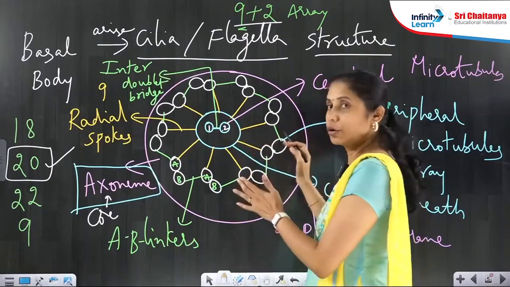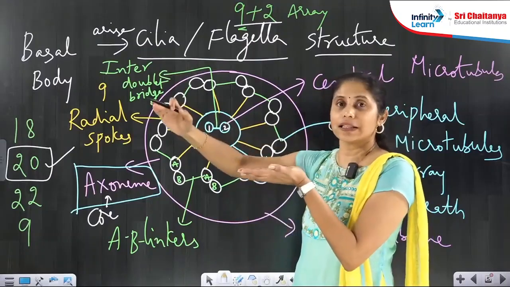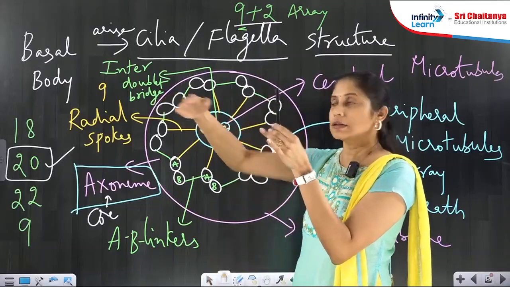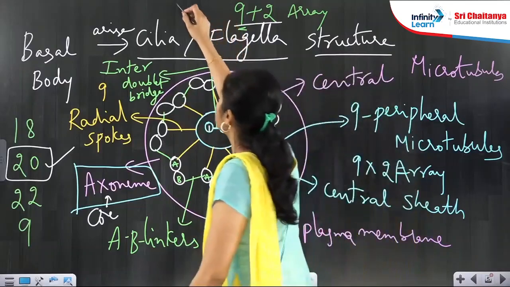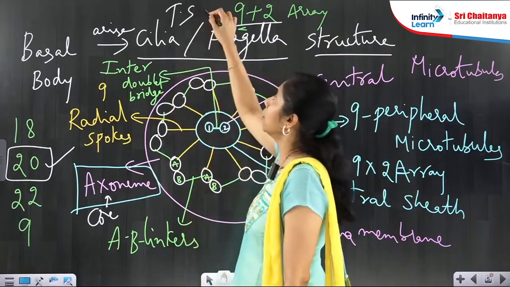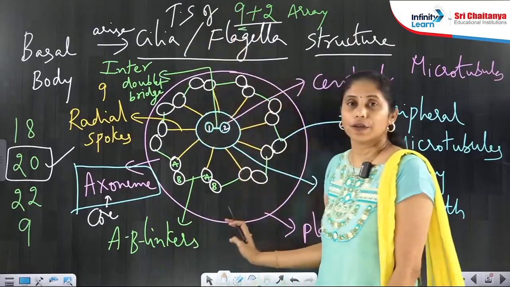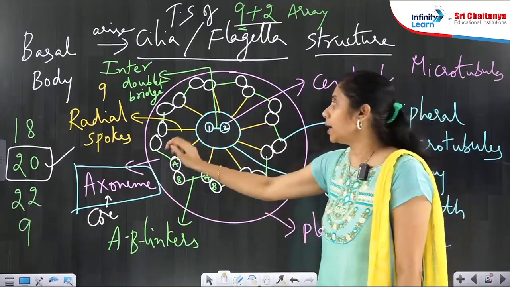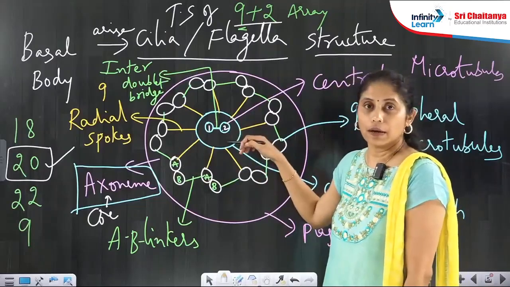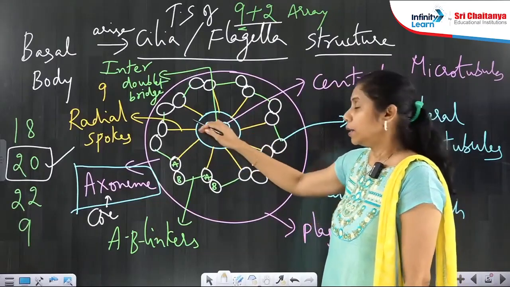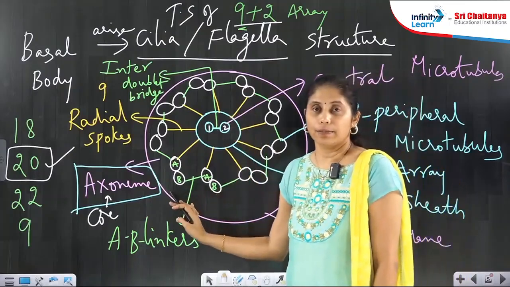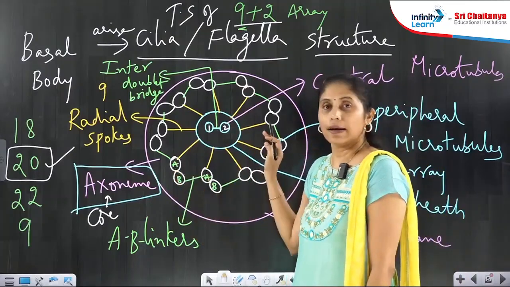So this is the structure of a cilium or flagellum in the transverse section. If you take the cilium or flagellum, you have to cut it like this. So the TS, transverse section, of cilia or flagella will show this kind of structure. Total microtubules will be 20, 18 plus 2. Peripheral microtubules means 18 are there.